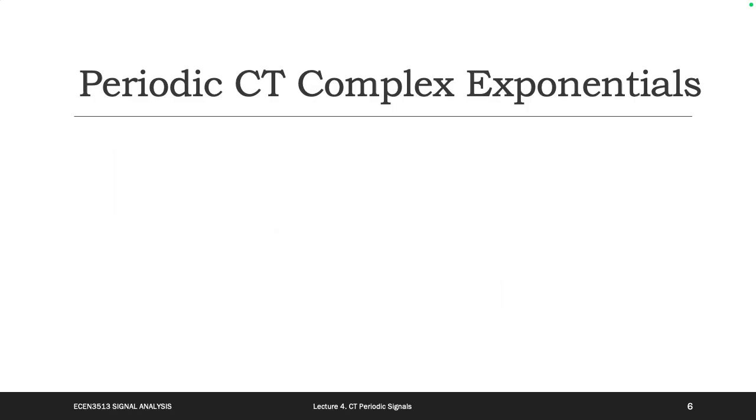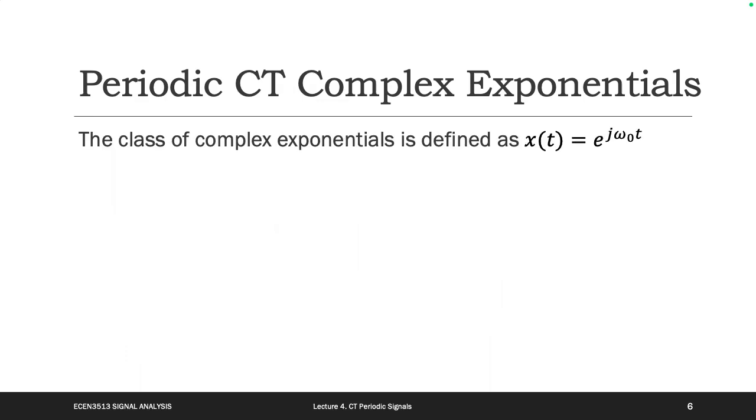And then in last class, we talked about the periodic CT complex exponentials. Do you know why we pointed out complex exponential signals? Why not other signals, for example a line signal, or maybe a unit step signal, or maybe an impulse signal?